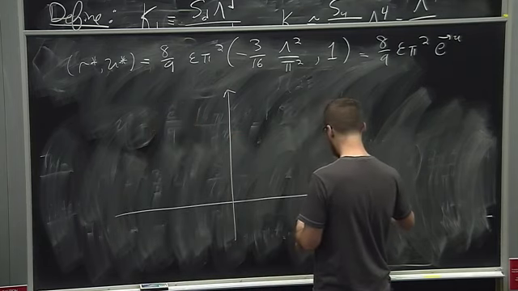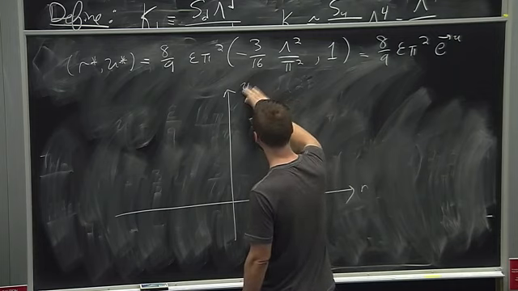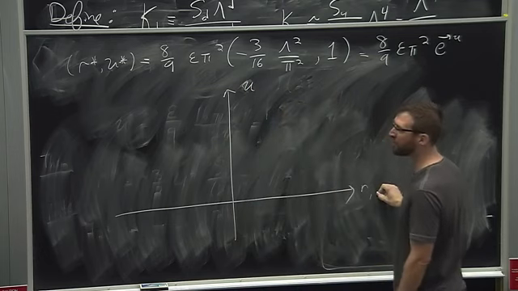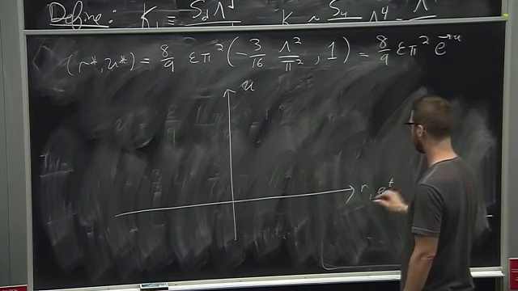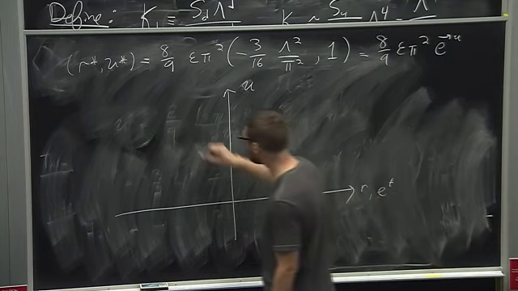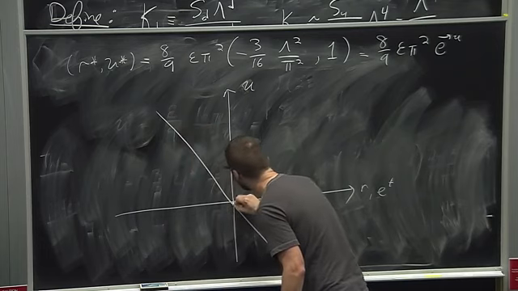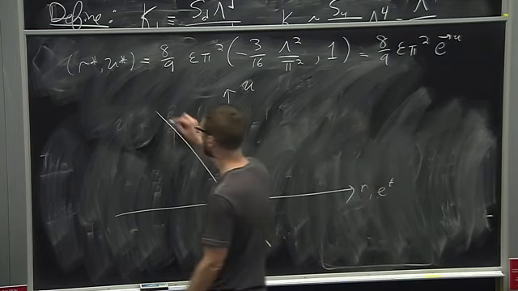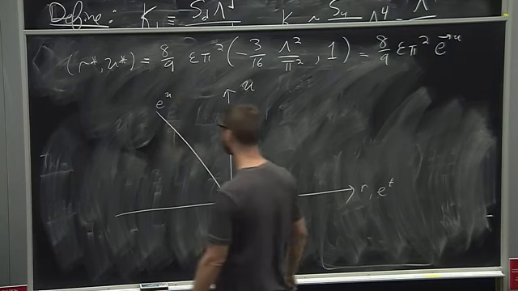Okay, so I'm going to label this R and U. And R is also what? e_R or e_T, right? But there's another axis that looks like this, remember? Corresponding to, I don't know, this direction.